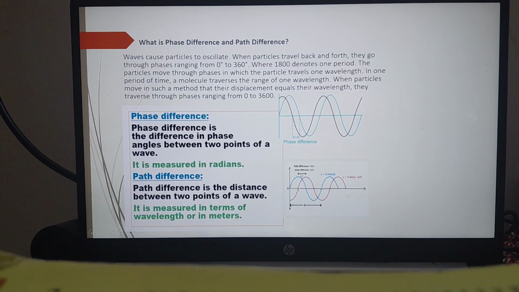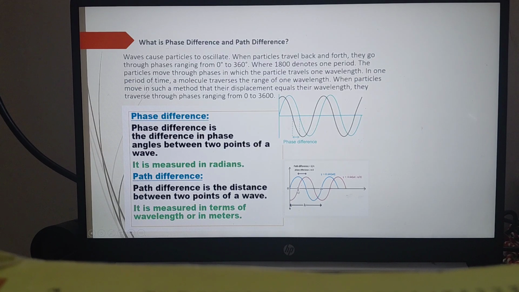Here also it is the same: two waves are traveling, and the wavelength is measured from one wave to another wave. That will be the path difference.